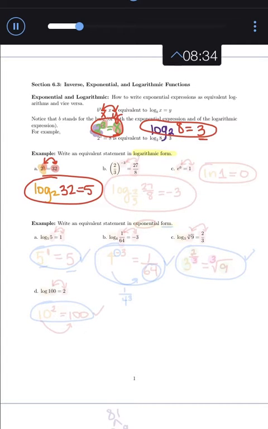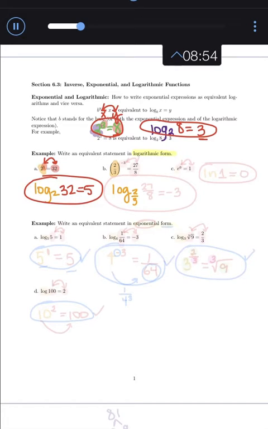Let's look at B. On B, I have an exponential base 2/3. So when I use, again, my properties of inverses, I'm going to turn this into a log base 2/3. It'll look a little funny. Remember, that's a subscript.